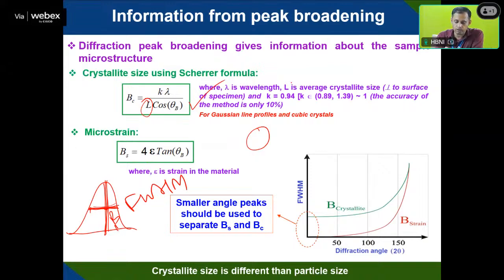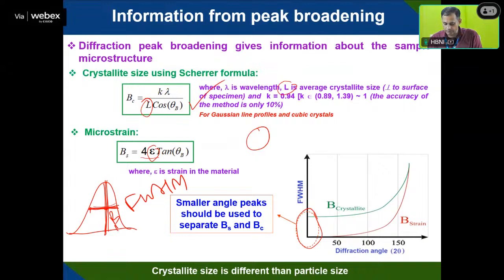So for L, consider K equal to 0.89 for a perfectly spherical system. This is 0.89 lambda by L cos theta. For strain, you can calculate from 4 epsilon tan theta, with epsilon equal to strain. So you can see here, if you want to see the effect due to crystallite size or strain, you always go for a small angle peak to identify.